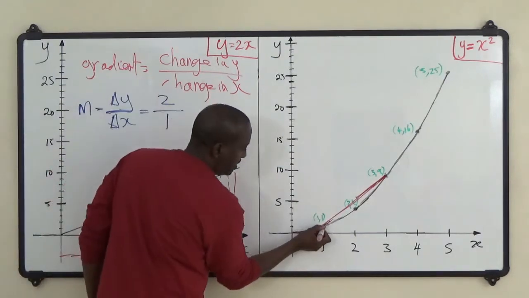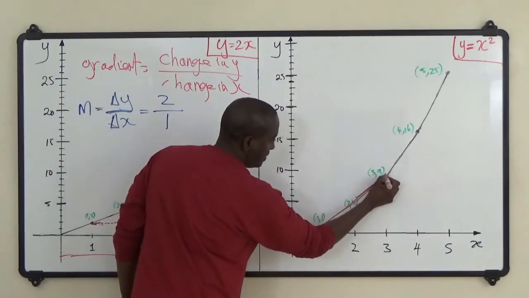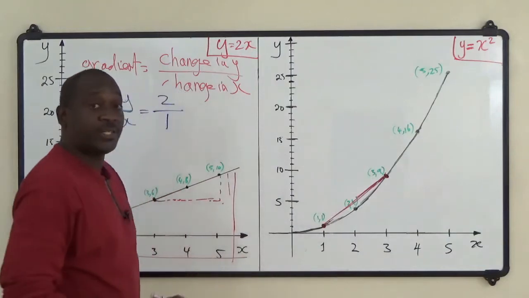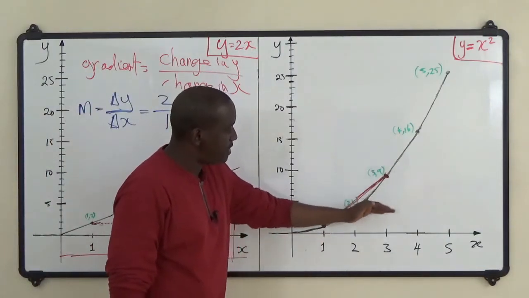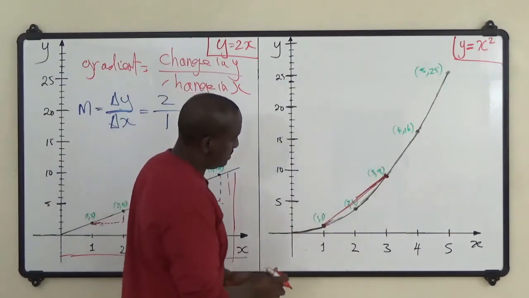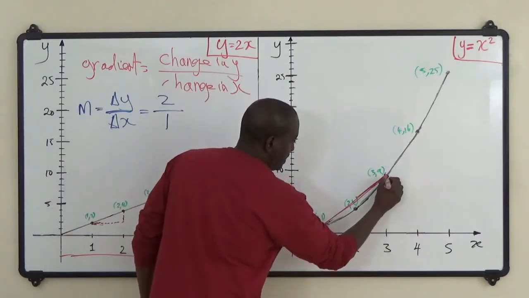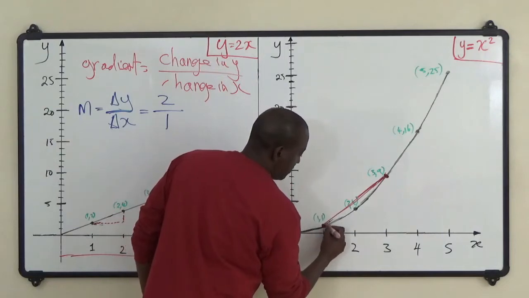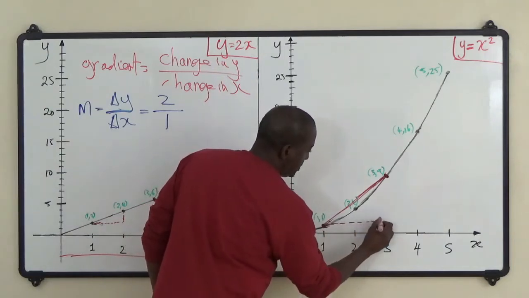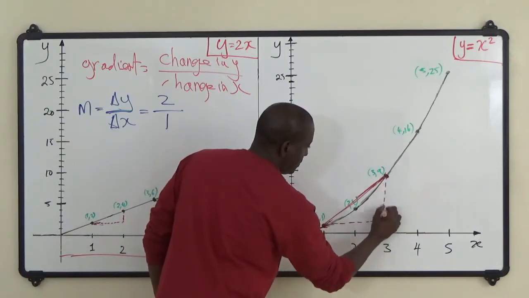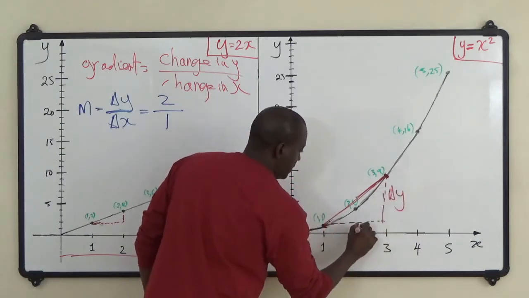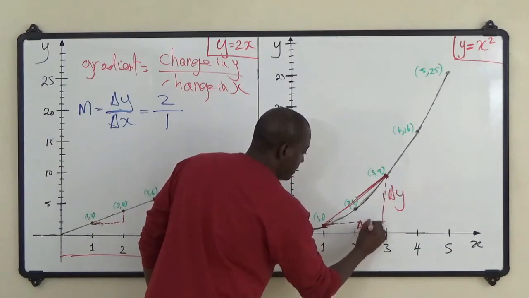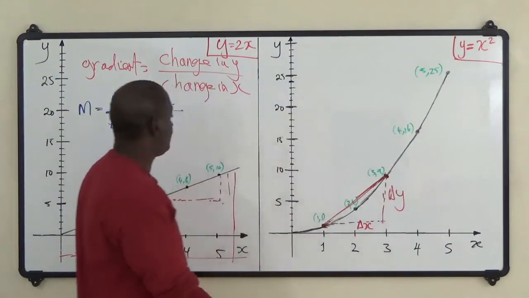So we could define the gradient of this line segment, which would also be the same thing as the average change. In other words, the average change in y over x between these 2 points on the curve would be the overall change in y divided by the overall change in x.